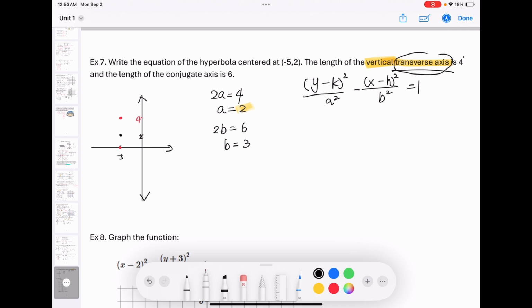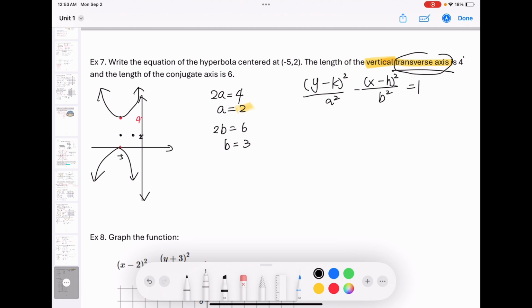So we can make a sketch. So this is my graph. This question is not asking for the graph. It's asking for the equation. And what is the B? B is 3. So that means based on the center, we move to the right and left 3 units.